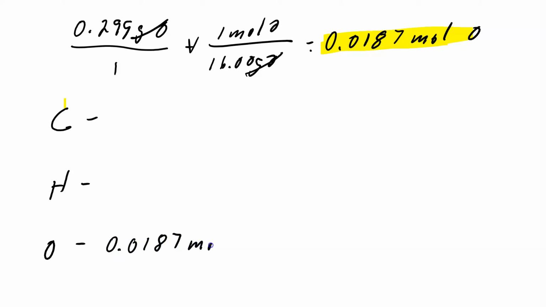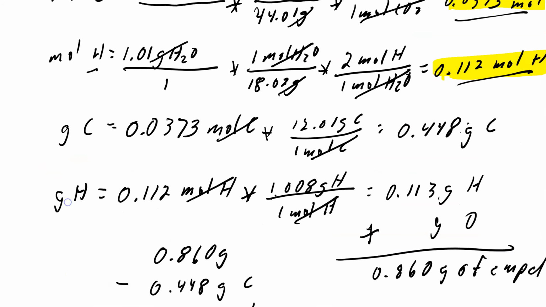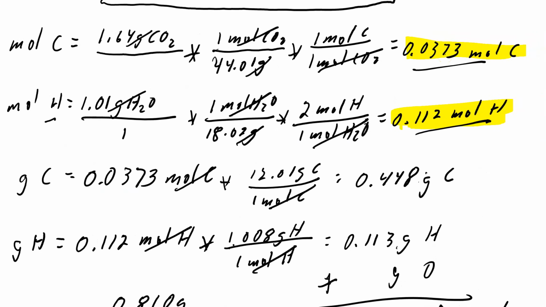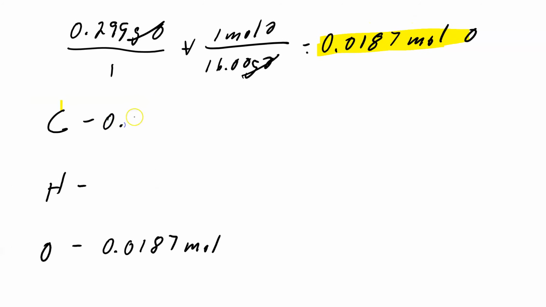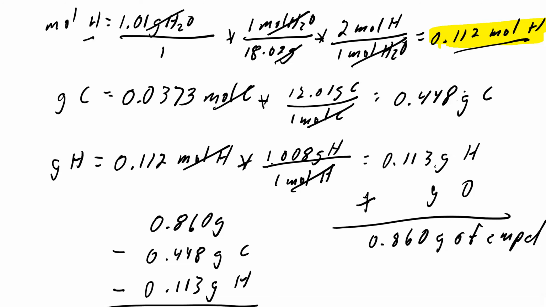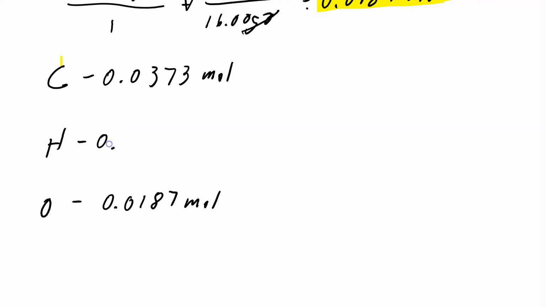0.0187 moles. Let's scroll up now and get those moles of carbon and hydrogen. We have them highlighted in yellow. For carbon, we've got 0.0373 moles. And for hydrogen, let's go back up and get that number, 0.112 moles of hydrogen.